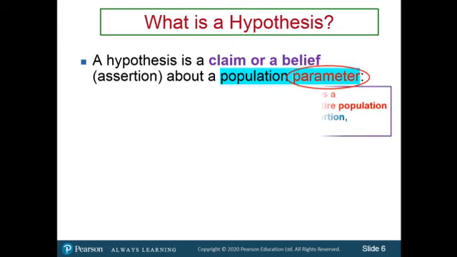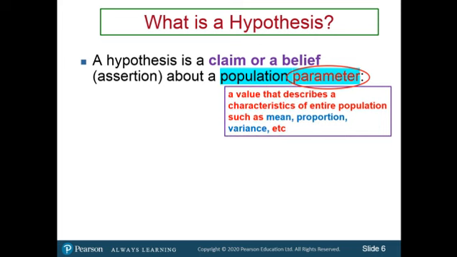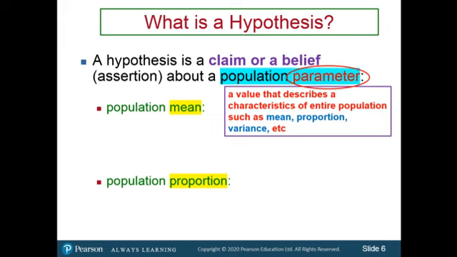A parameter is defined as a value that describes a characteristic of an entire population, such as mean, proportion, variance, standard deviation, etc. So here we have examples, population mean, and also population proportion.